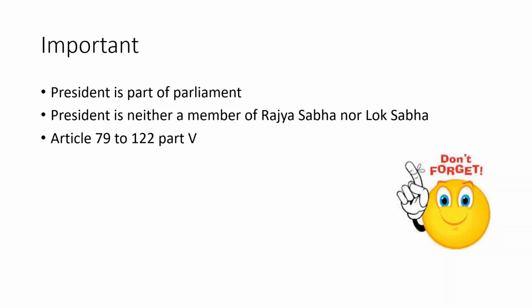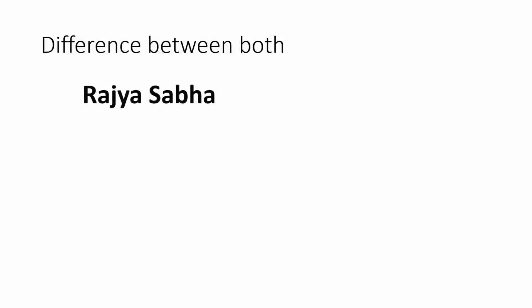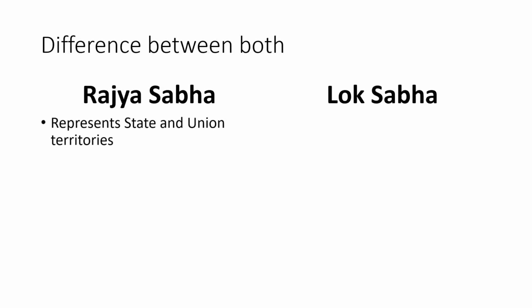Now let us discuss the Rajya Sabha and Lok Sabha in detail. As we all know, Rajya Sabha and Lok Sabha are the organs of parliament. What is the distinction between Rajya Sabha and Lok Sabha? This is also very important to understand. Rajya Sabha represents the states and union territories, but the Lok Sabha represents the constituencies.